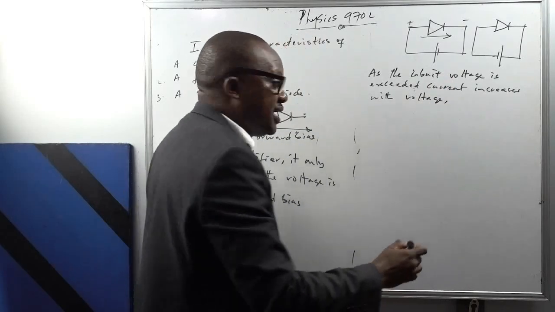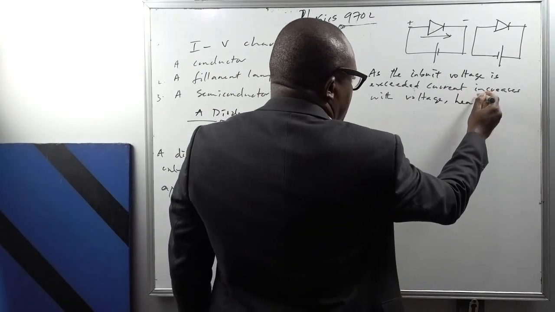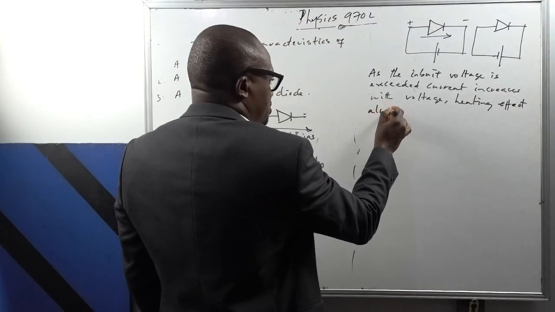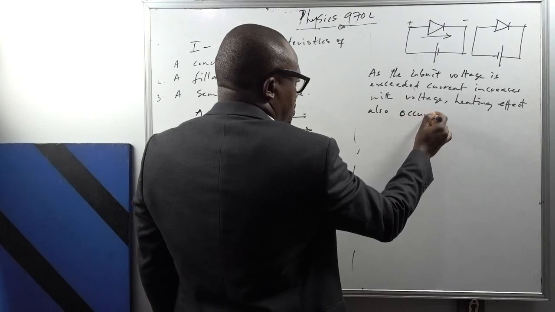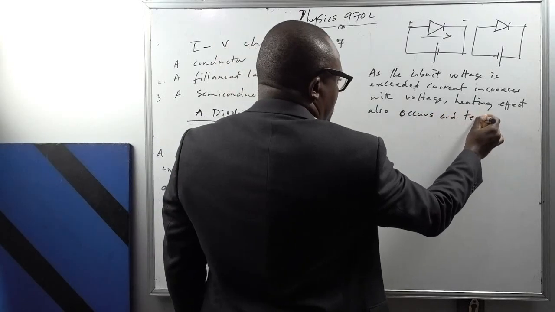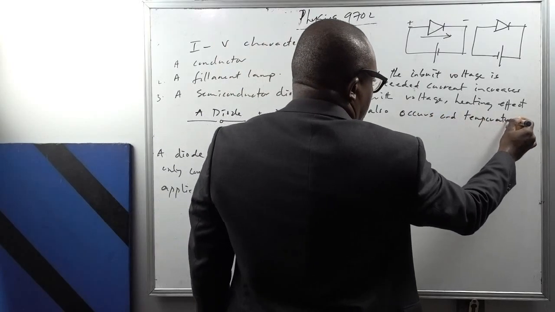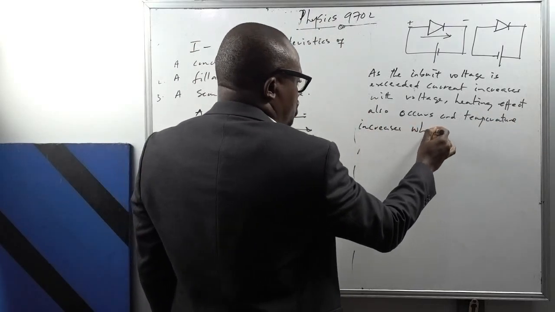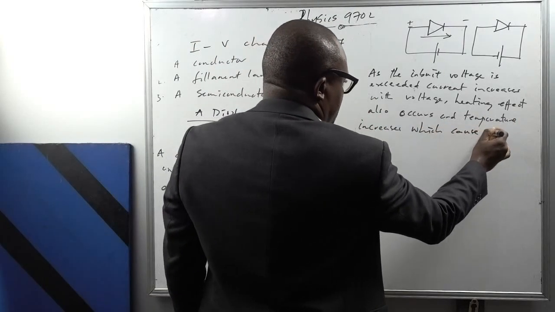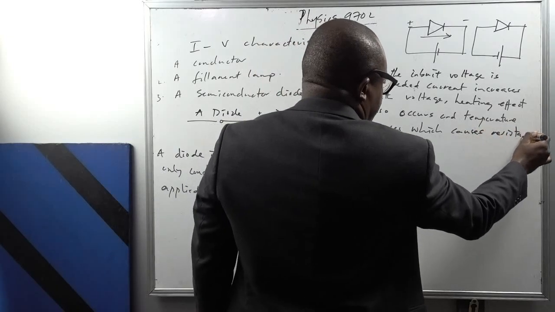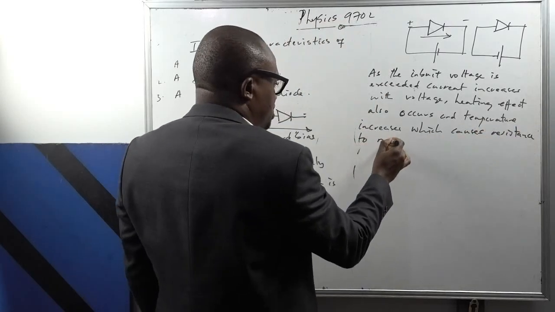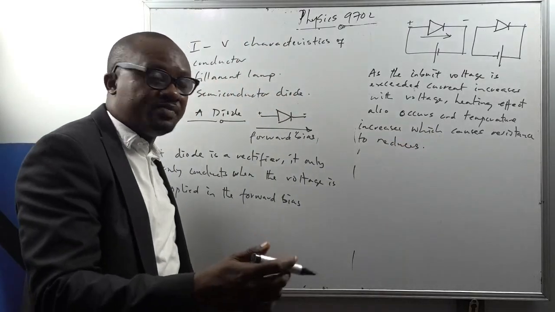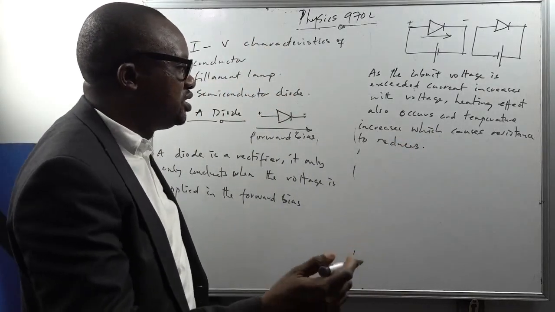Hence, the heating effect also occurs, and temperature increases, which causes resistance to do what here? To reduce. Note that it's a semiconductor, and as temperature increases, resistance will reduce.